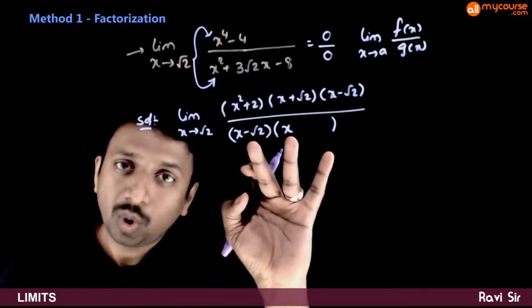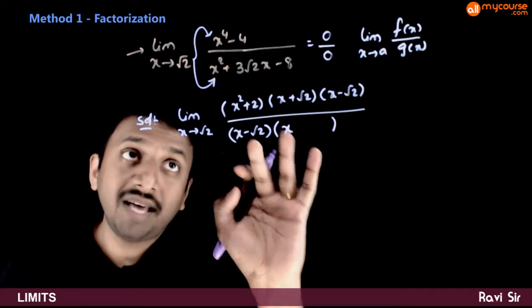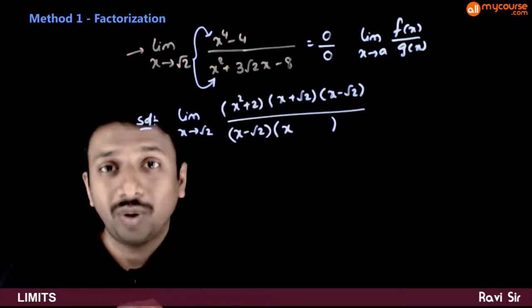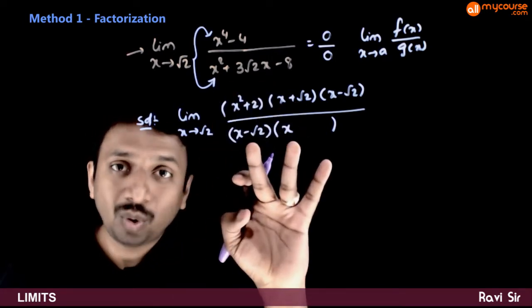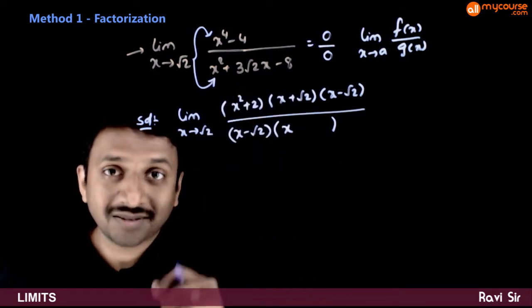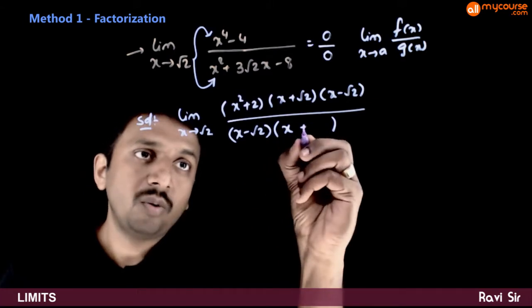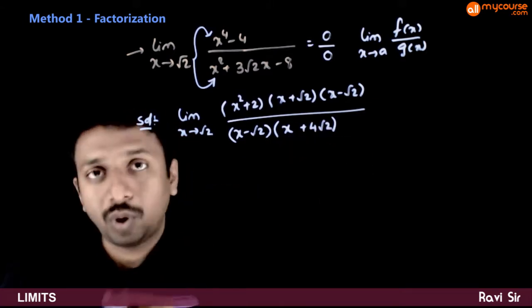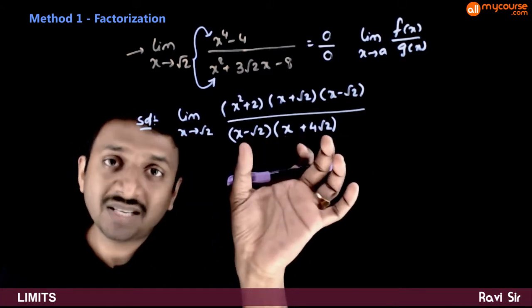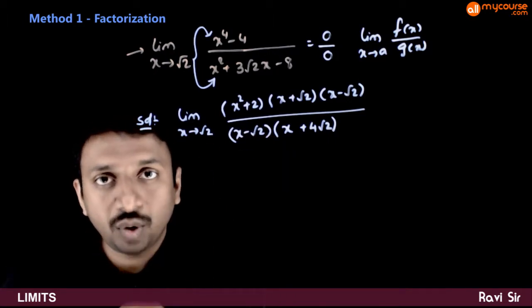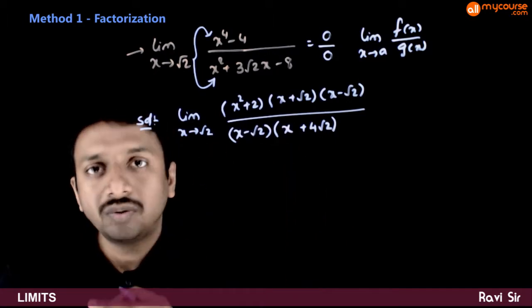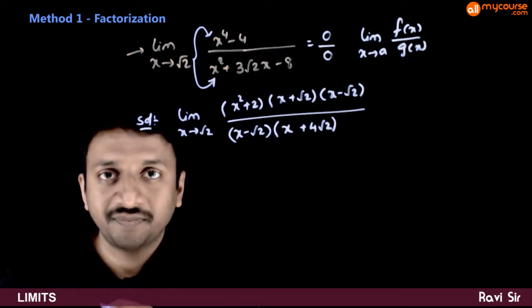So minus root 2 x is already there, but I want plus 3 root 2 x. So I need to add a 4 root 2 x, right? So plus 4 root 2. So minus root 2 x plus 4 root 2 x gives you 3 root 2 x. Minus root 2 into 4 root 2 is minus 8.